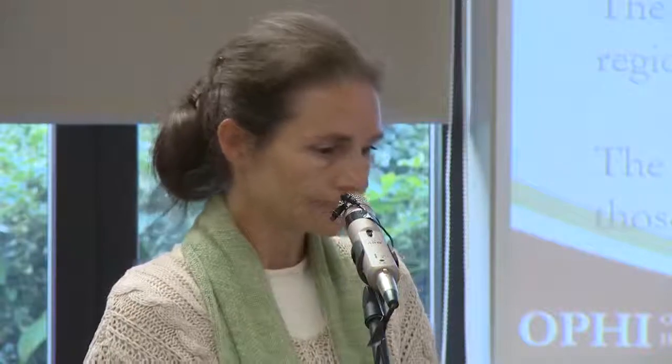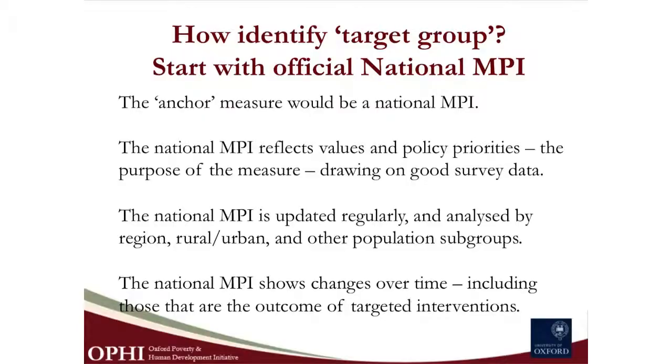And we've already talked about the construction of a national MPI, and I won't go into that again. I'm just presuming that we have constructed it to reflect both normative and policy priorities. And so the national MPI, in a sense, becomes your anchor measure. And in a sense, the first circle I showed of who are the poor, we're going to use the identification method.